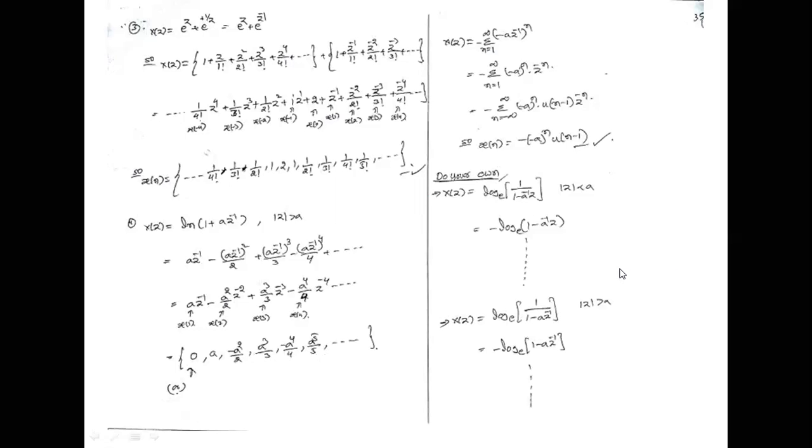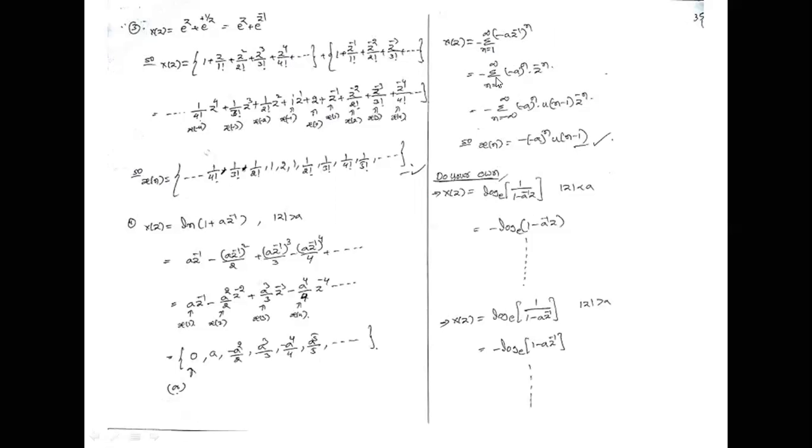Got it, my students? Then X of z is equal to the sum over n from minus infinity to infinity of minus a z inverse whole power n. Because it is an increasing order, minus a z whole power minus 1 whole power n.